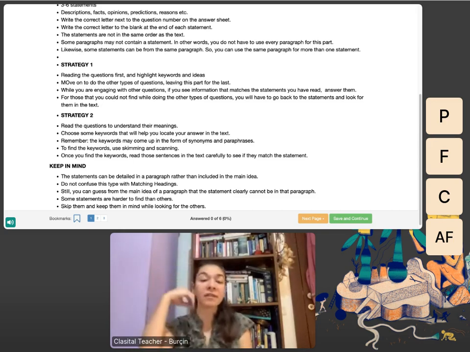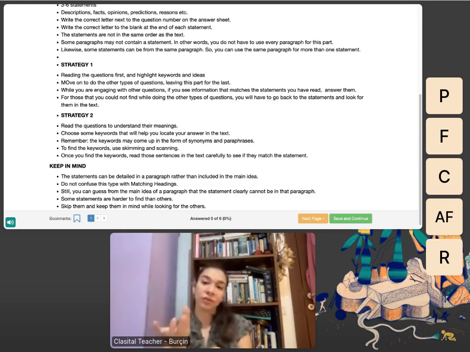So it is important to understand the meaning of the question. You can find the keywords, skim and scan the text to find that info, then move on to other questions. You should read very carefully to find the answer, and you should be careful about the matching of the statements.